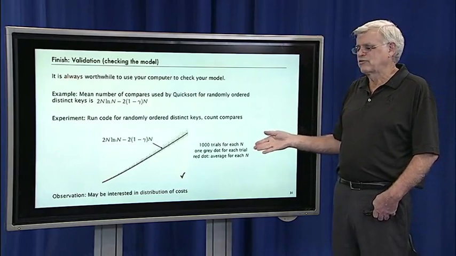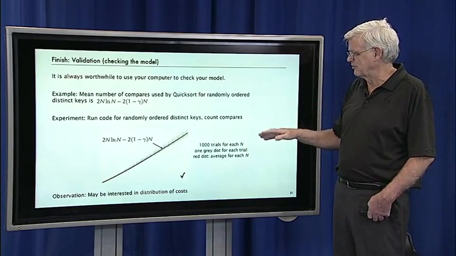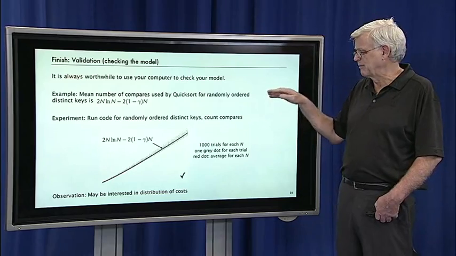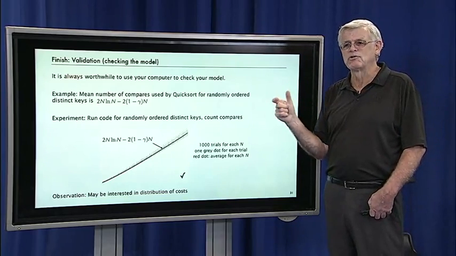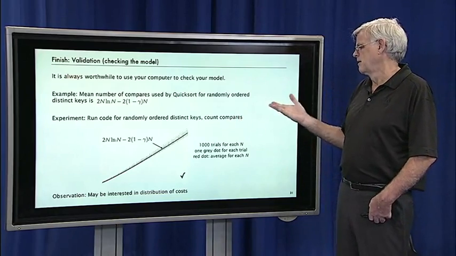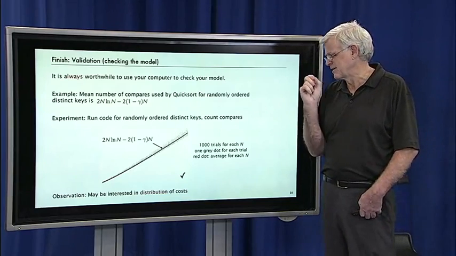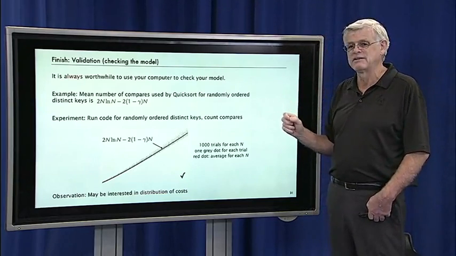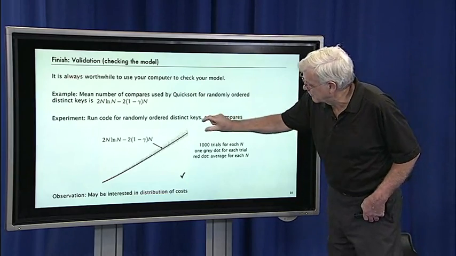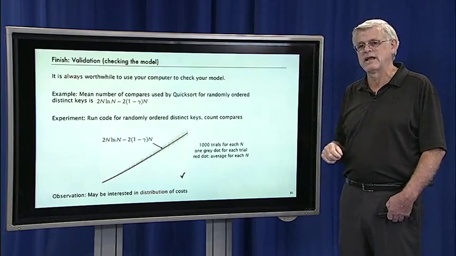Just as an observation, maybe we're not just interested in the average cost, maybe we're interested in the distribution of costs. How close is the actual running time of my one sorting problem going to be to this average? You can see from the narrowness of these gray dots that it comes pretty close to the average.